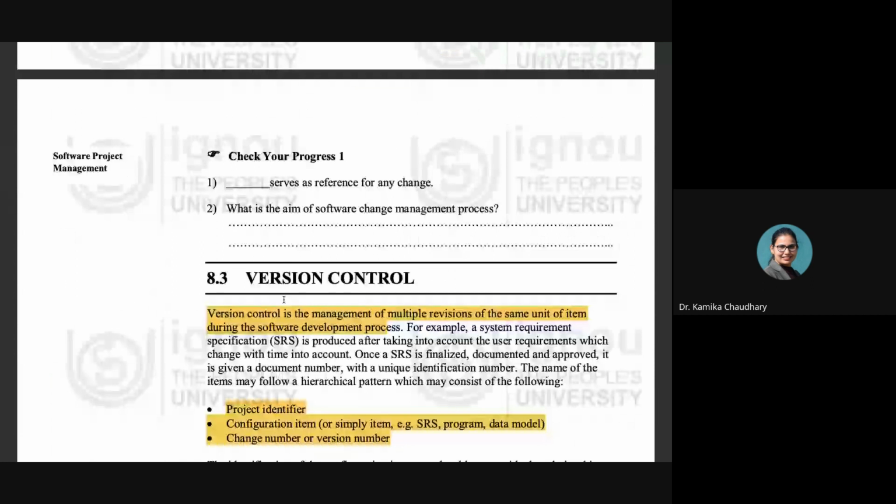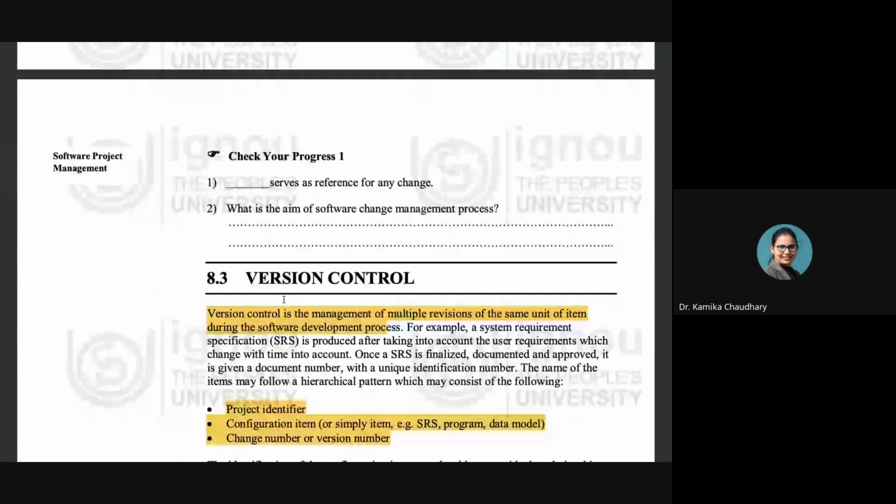Version means there was an initial or original form of a particular software that was developed, and after various or multiple revisions of the same original unit, the new software enters the market and is referred to by names like version 1.2, version 1.3, version 1.4, right? So where does version come from? The version comes from our software changes, all the changes that are made to our original software. So those are basically what versions are about, right?